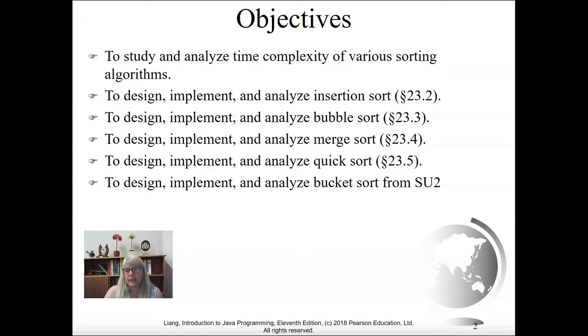Now we have done bucket sort from study unit 2, and bubble sort you've done before, and we have done the basics of insertion sort because we did a method called insert sorted. Quick sort works with recursion, and merge sort has merging as a major component, so that's why we did merge when we previously did merge.